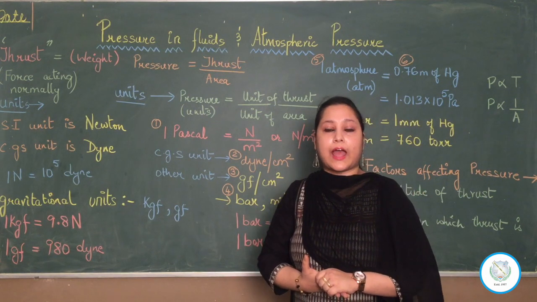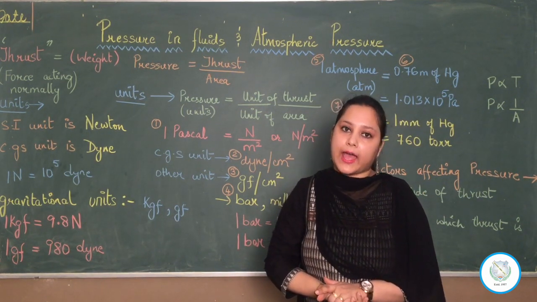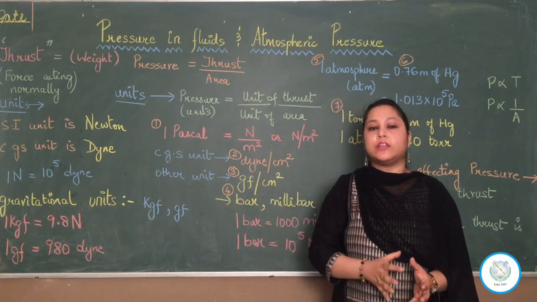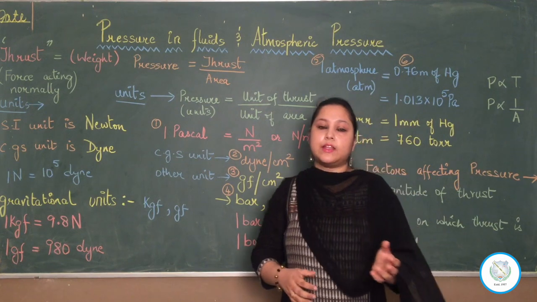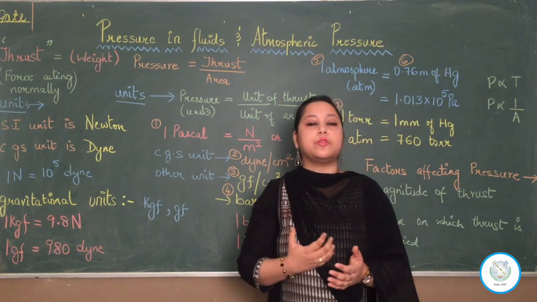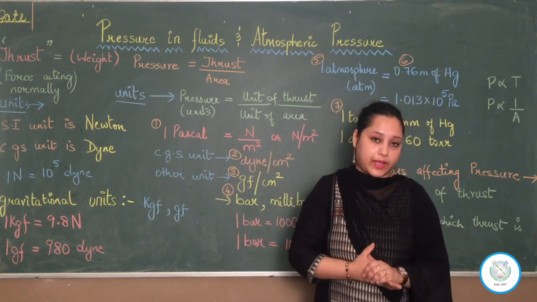Now thrust acts on a surface, which means it depends on the surface on which it is acting. If thrust is acting upon a body in all directions, then the total thrust applied with respect to the area will now be termed as pressure applied.